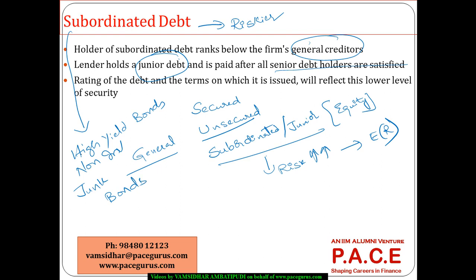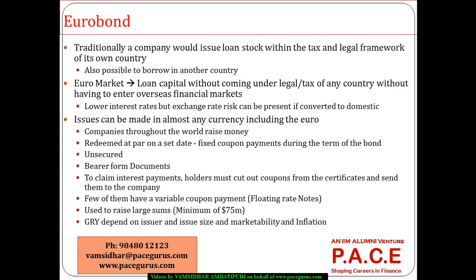So all these are the typical names for subordinated debt. The rating of this debt is much poorer; they don't get an investment grade rating, they get double B and below credit ratings. So this clearly reflects the security associated with these instruments.